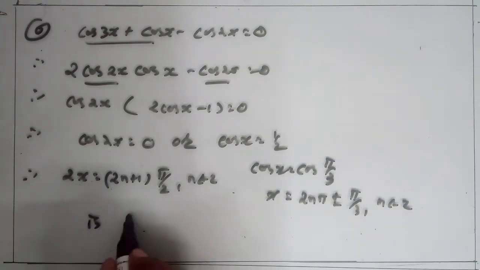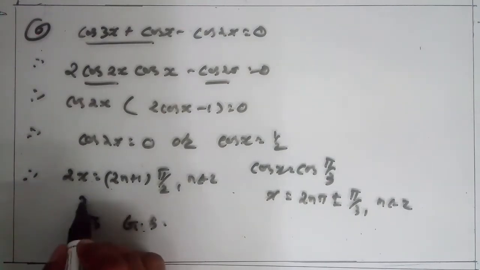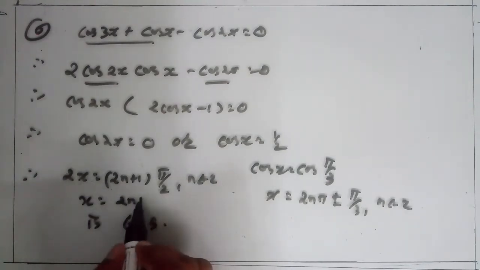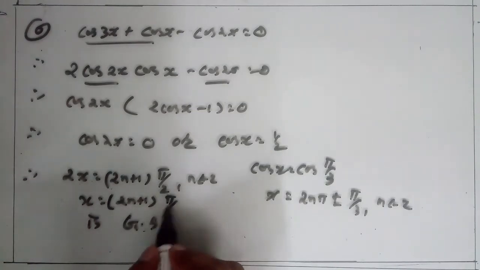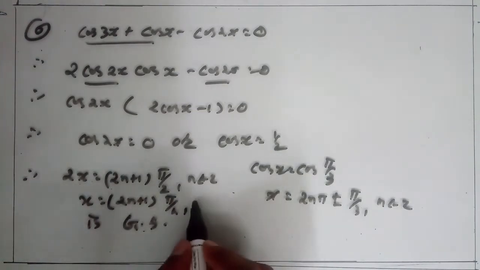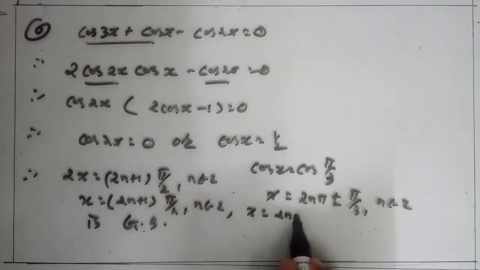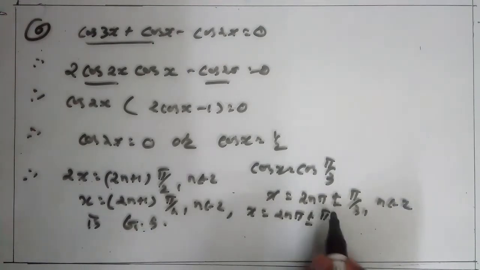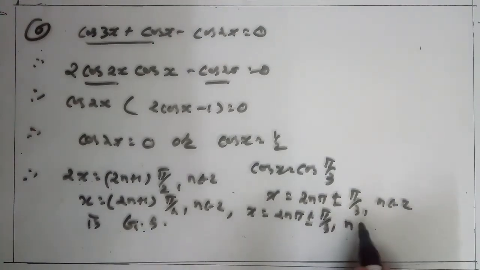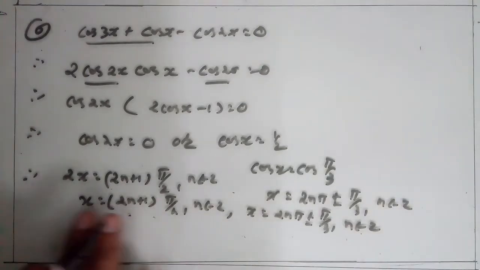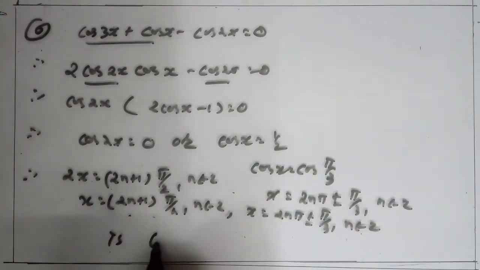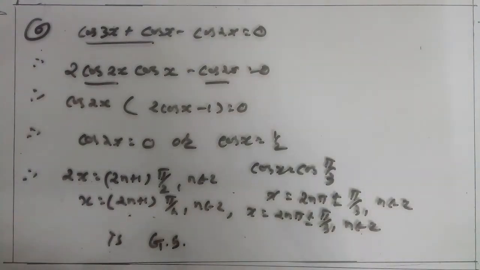Here, take this side, so x is equal to 2n plus 1 pi by 4, n belongs to Z, and from this x is equal to 2n pi plus or minus pi by 3, n belongs to Z. This is a general solution. Clear? General solution. Okay.